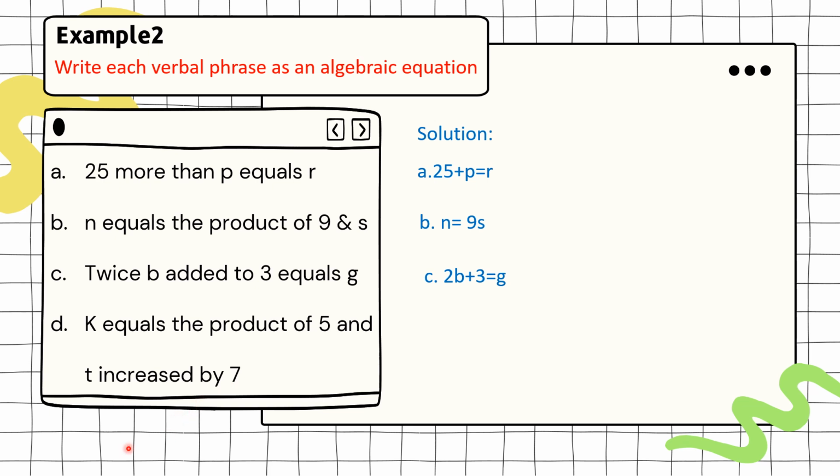What is the meaning of the product of 5 and T? K equals 5 multiplied by T, or 5T, plus 7. Excellent, my champions.